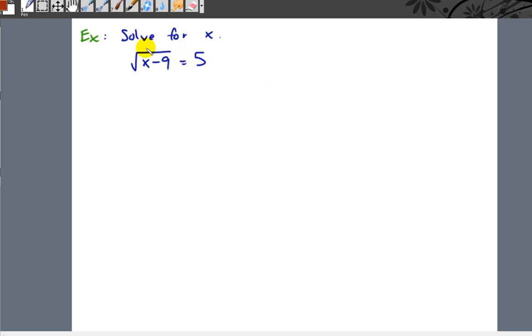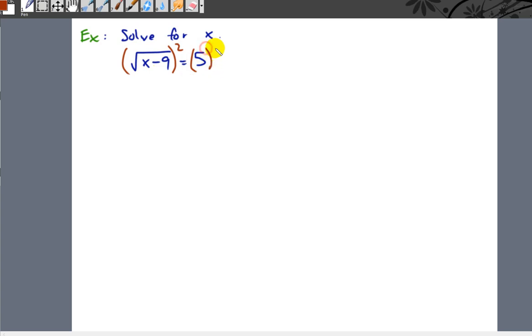What we want to do first is, as you can see, this radical is already isolated, and you'll see in the other examples that I'll show you, the radical won't be isolated. But since this is already isolated, we can get rid of that square root somehow. The inverse operation of taking a square root would be to square both sides.